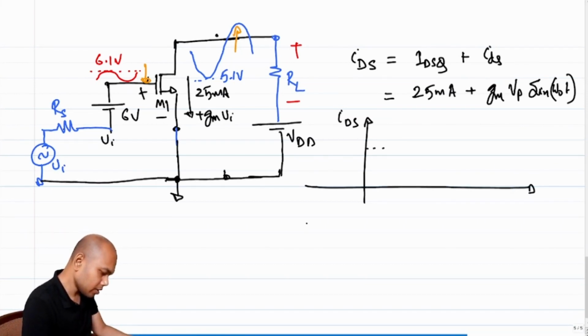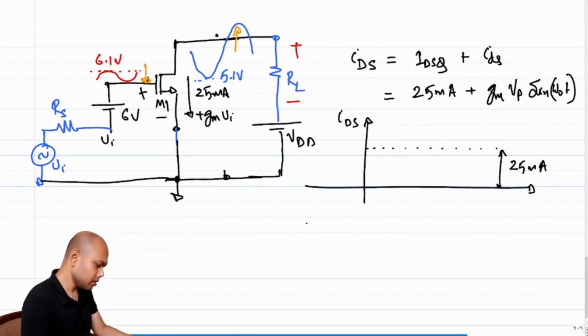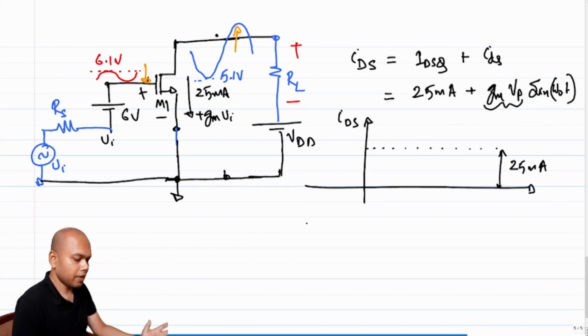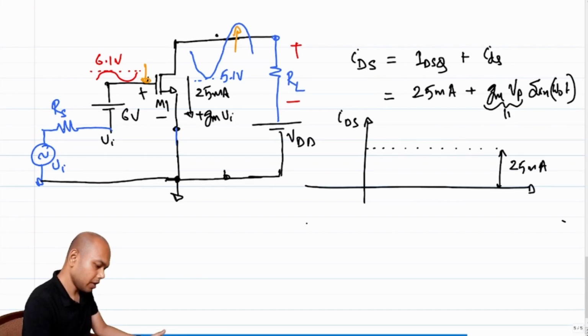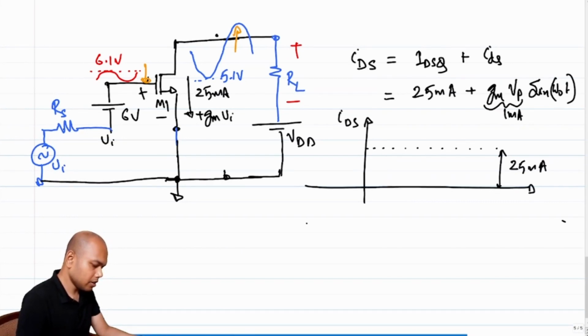So let's say this is my 25 milliamp line, right? What is GM? GM is 10 millisiemens, right? And what is VP? VP is 0.1 volt, right? So what is GM times VP? 10 millisiemens times 0.1 volt is 1 milliamp, right? So this is 1 milliamp. So what do you think your IDS will look like?